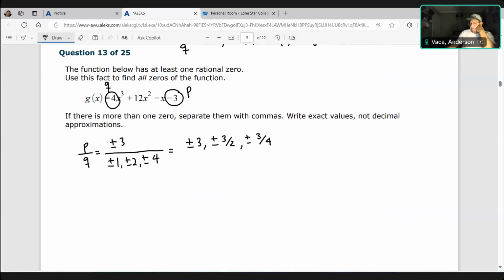Now, I don't know about you guys, but I don't want to test. So I'm going to use synthetic division to see which ones work, and I'm looking at these ones right here, and maybe we could get something out of this. So I'm going to use synthetic division and test whether 3 is a 0.